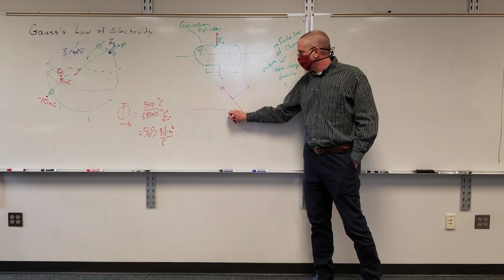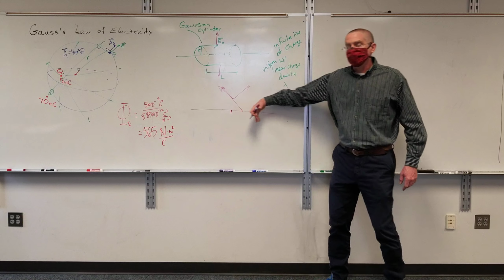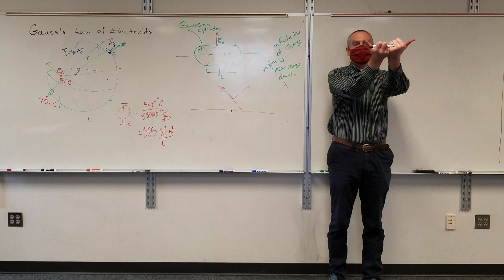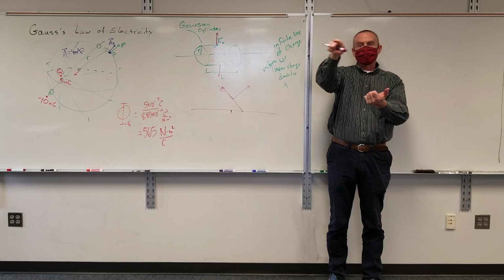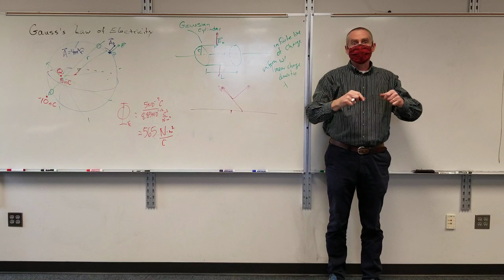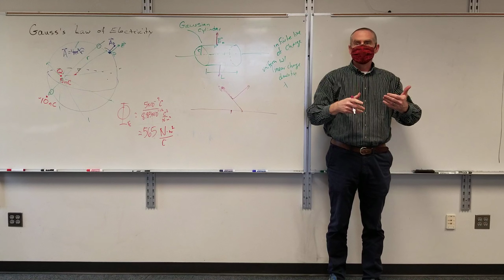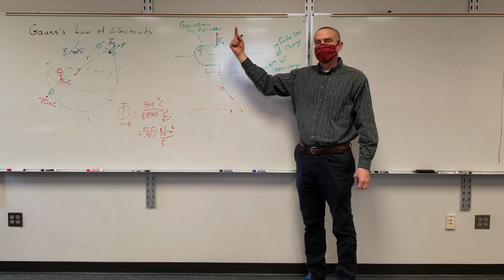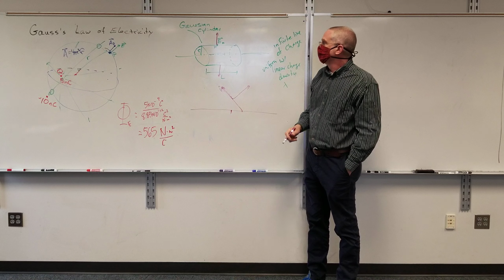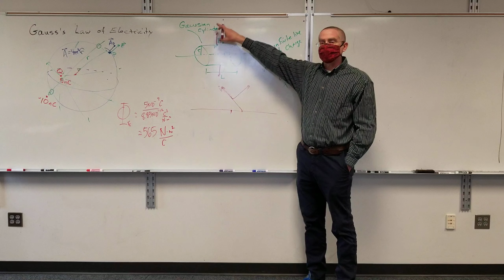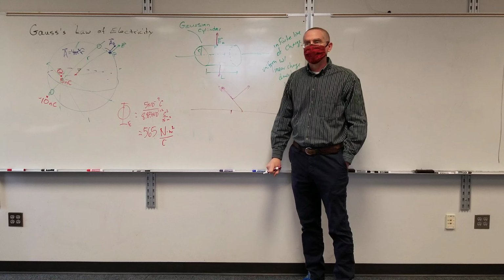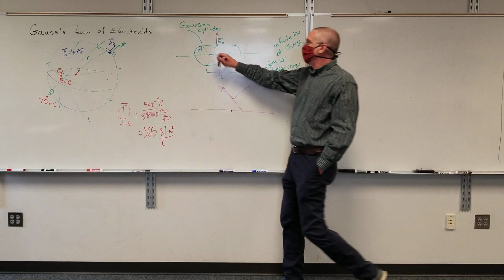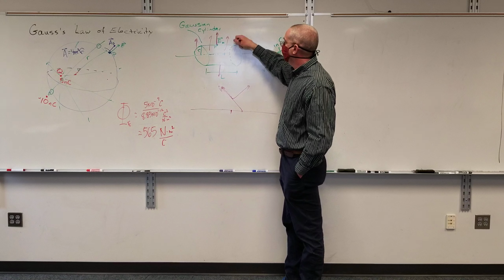For every point over here, I've got one on the other side, which is basically symmetric. So all components of the electric field that are horizontal in the way I've drawn it are going to cancel out. The only components of the electric field that will remain are vertical. So I know the electric field has to be pointing away from the line. So no matter where I am, electric field is pointing away.